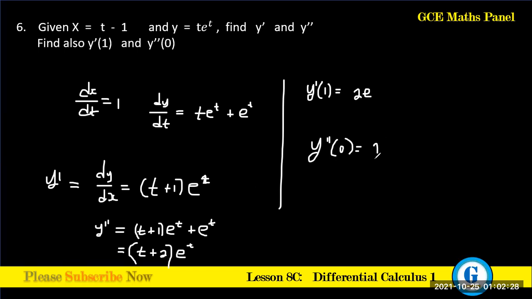So that will just give us 2. If you put 0 in the second one here, this is y prime prime. You have 0 plus 2 is 2. e to the power 0 is 1. So 2 times 1 is 2. That's why we have this.